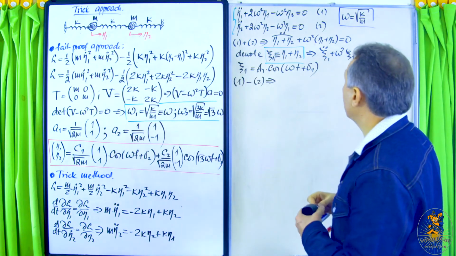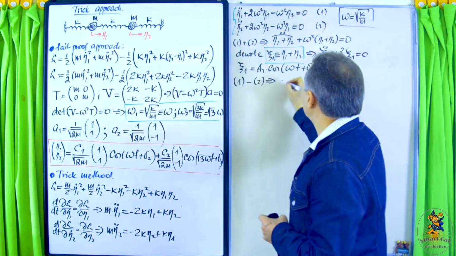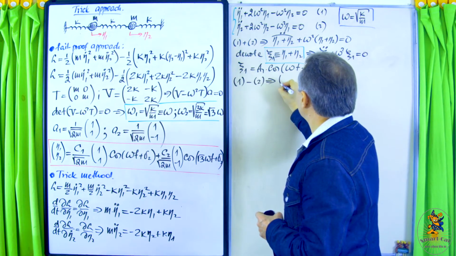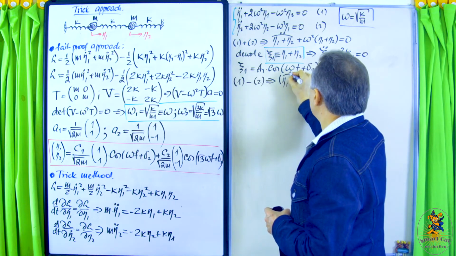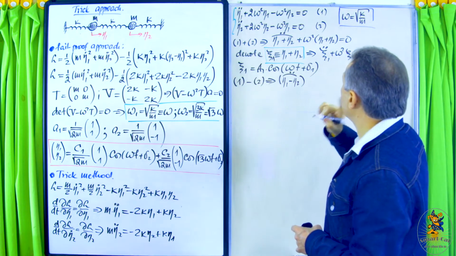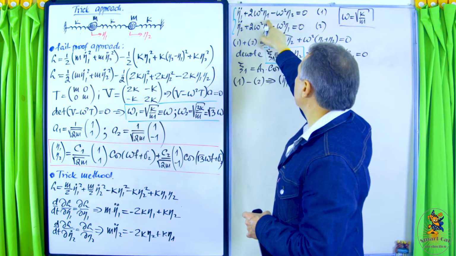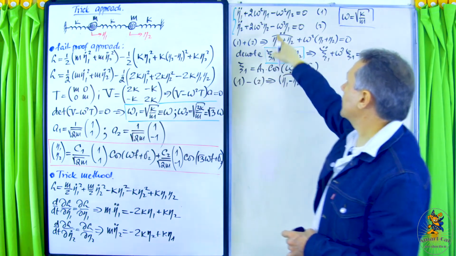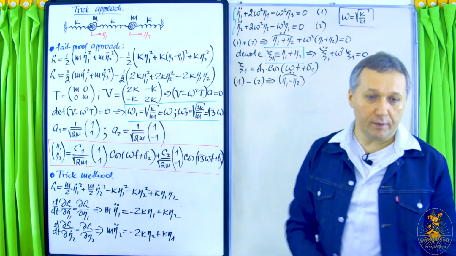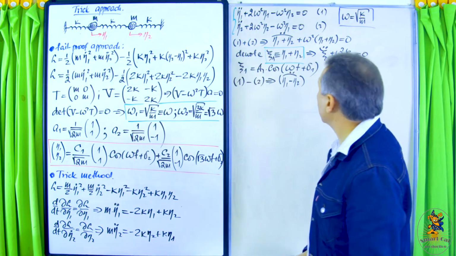And now again, let's start staring at eta 1 minus eta 2. It will be eta 1 minus eta 2, again double dot. If we subtract, we'll have here 2 eta 1s. Here, minus and minus, we will get another plus. So we'll get 2 plus 1, 3 omega squared eta 1.